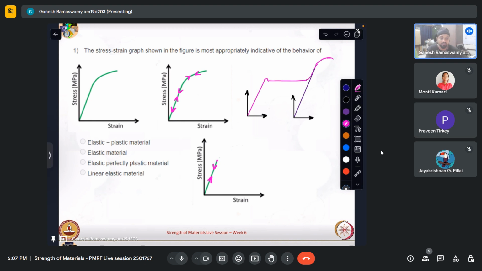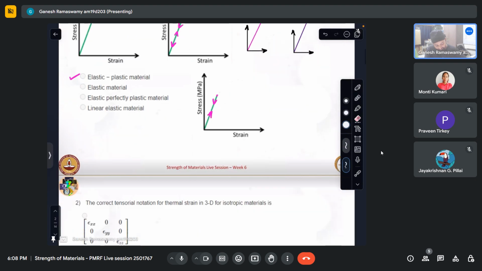For the same steel, barring this one, all the other cases can be attained from linearly elastic. If I stretch it beyond a point, then it becomes linearly perfectly plastic. And if I stretch it beyond that and then leave it, then it becomes elastic plastic. So I hope that is clear. So the most appropriate behavior would be elastic plastic for this material.